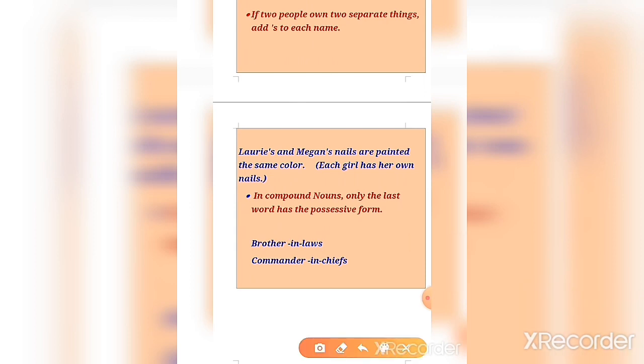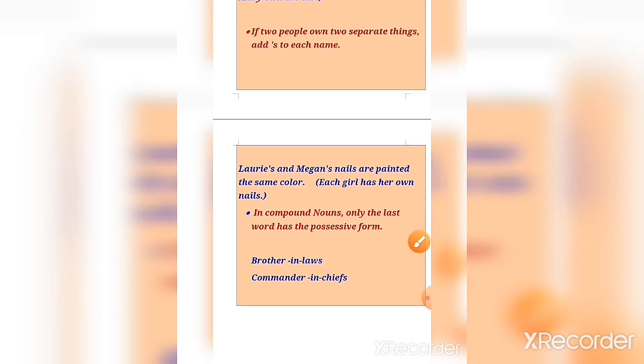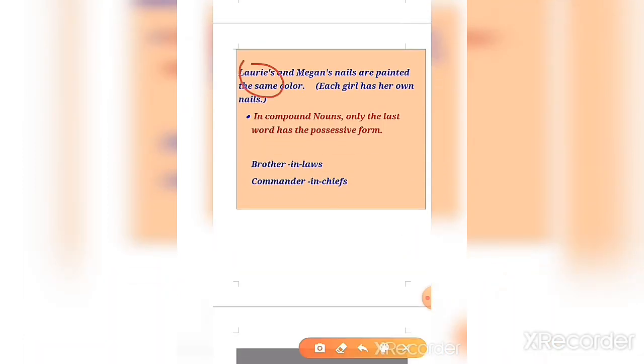Each girl has her own nails, so we are talking about two different nails, belonging to Laurie and then Megan. I hope this point is clear: if two people own two separate things, the nails are separate, not belonging to a single person. There are two people and the things are also two, so we just use the apostrophe two times.